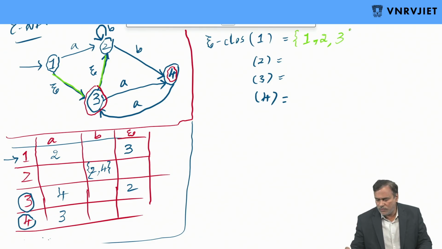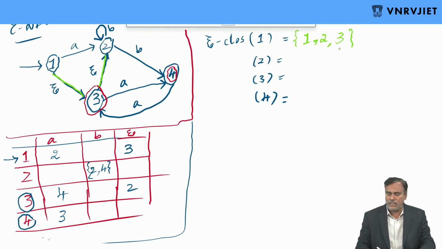So what do you mean by epsilon closure of 1? Look at the diagram. From 1, including that 1, what other states can be reached only on epsilon transition? From 1 you reach 3 only on epsilon. From 3 only on epsilon you can also reach 2. Therefore 3 and 2 get added. So that is epsilon closure of 1.